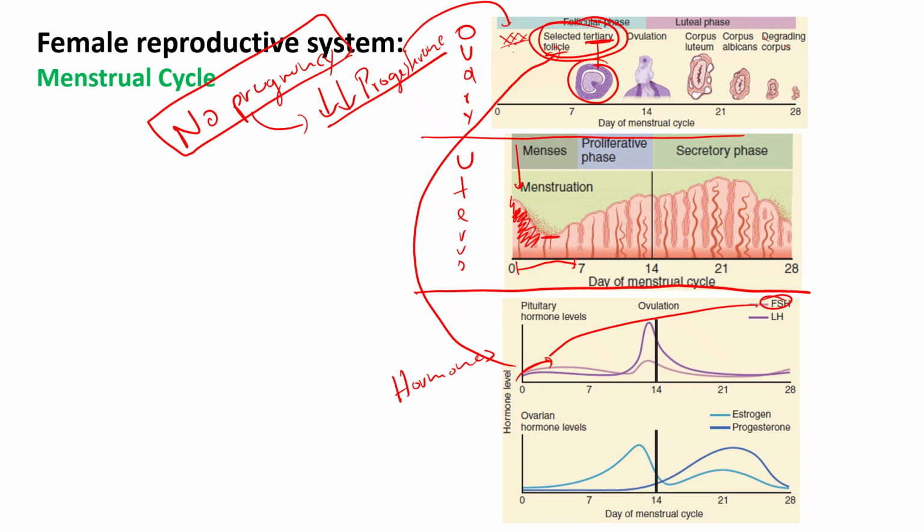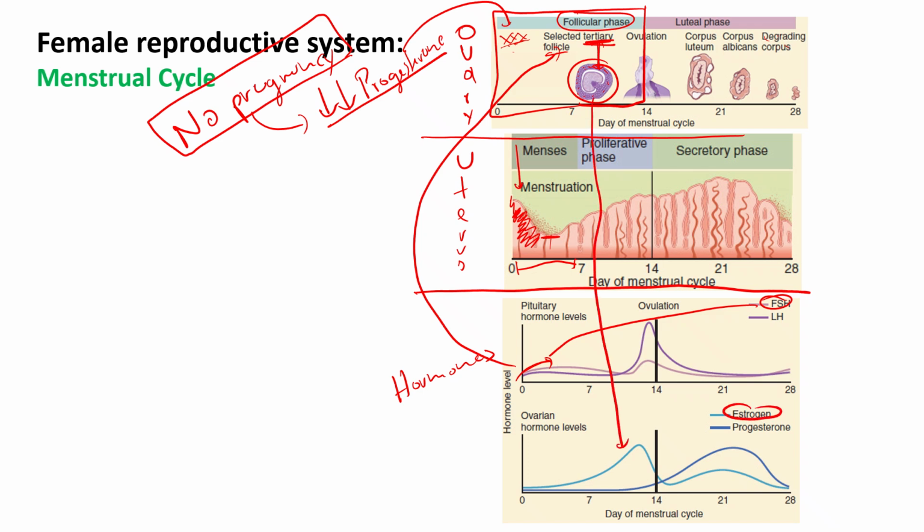In the ovary, this phase is called the follicular phase, and it makes sense because follicular phase basically means that the ovary is making a new follicle. In the tertiary follicle, the granulosa and theca cells are the ones that produce the hormone estrogen.